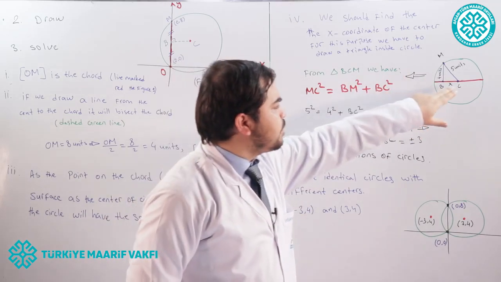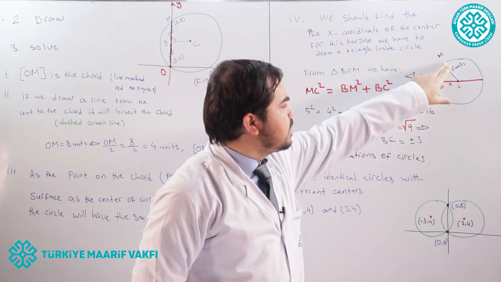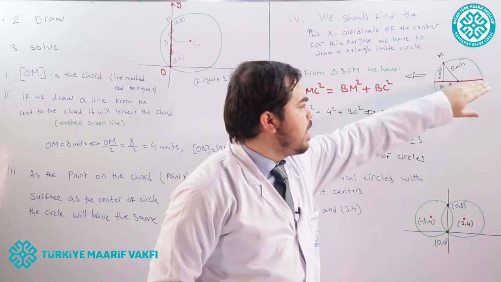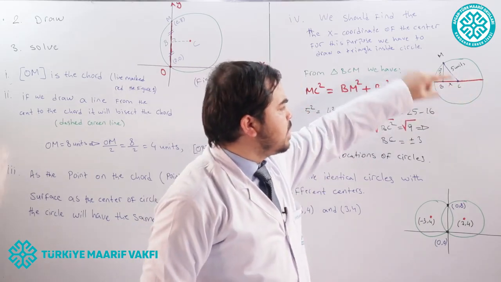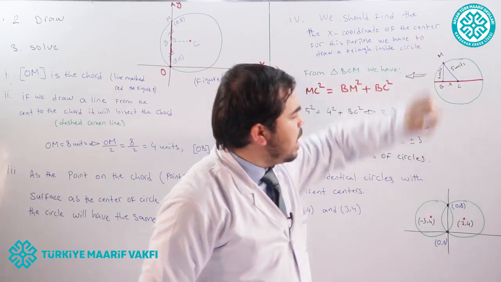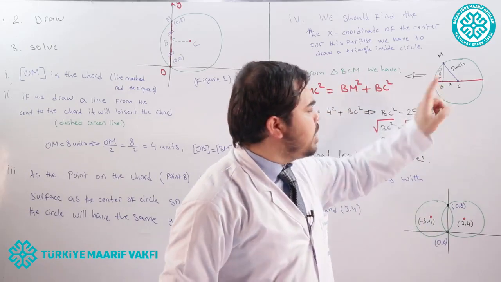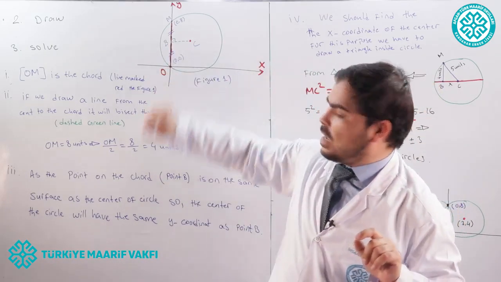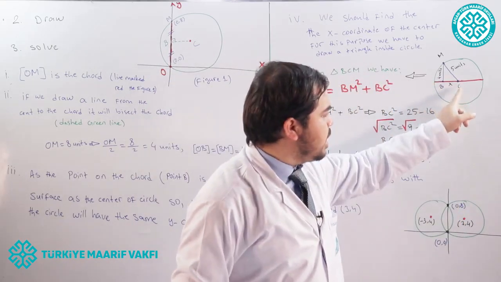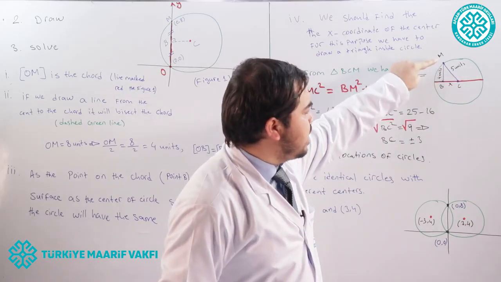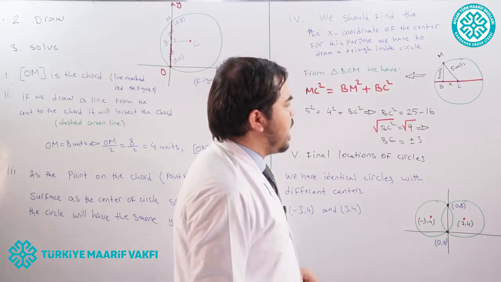From the center, we draw a diameter, dividing the circle into two parts. We have point M, point B as we had here, and point C. We put all of those points there and then draw a triangle.